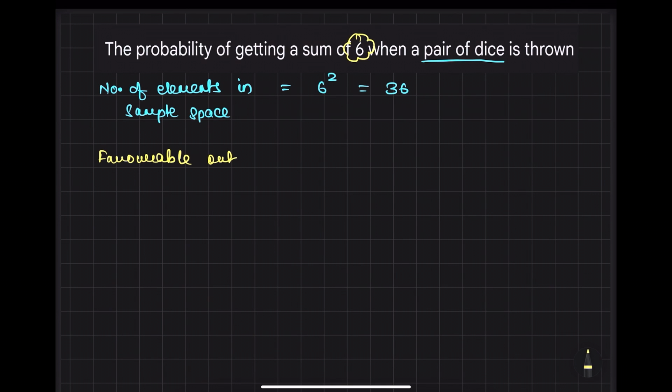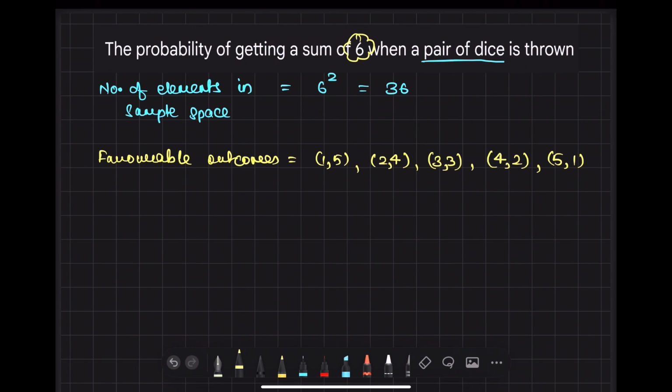In the favorable outcomes, if you observe, we can expect 1 comma 5 sums up to 6, 2 comma 4 sums up to 6, 3 comma 3 sums up to 6, 4 comma 2 sums up to 6, and 5 comma 1 sums up to 6. So these are the favorable outcomes.